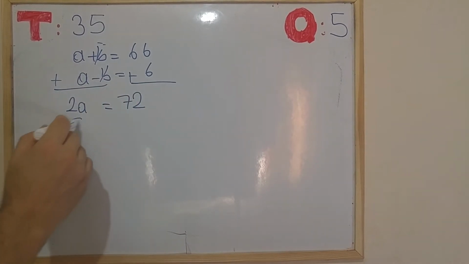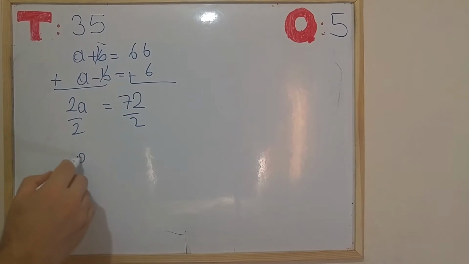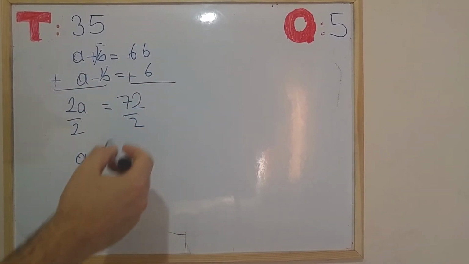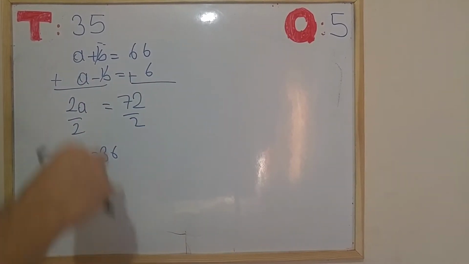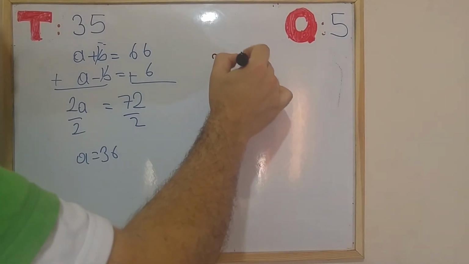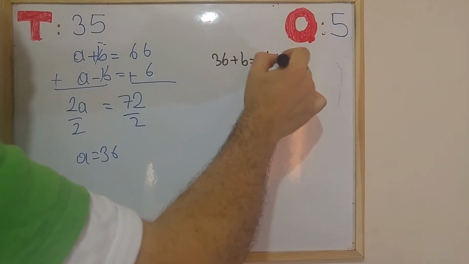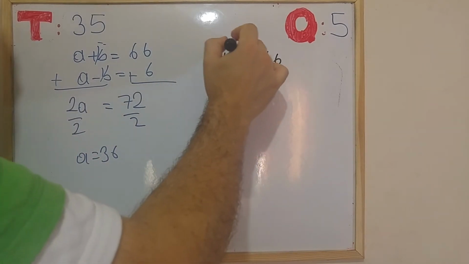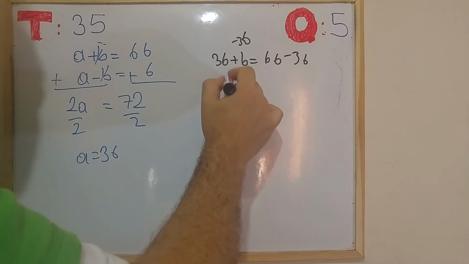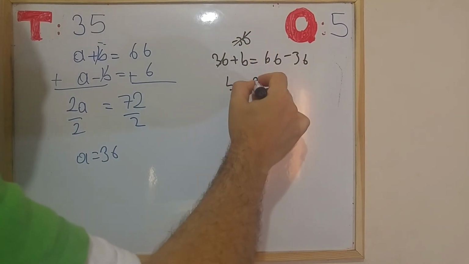So when I divide each side by 2, a will be equal to 36. Now I can use either equation to find b. Let's say the first one, a plus b is equal to 66. So when I subtract 36 from each side, b will be equal to 30.